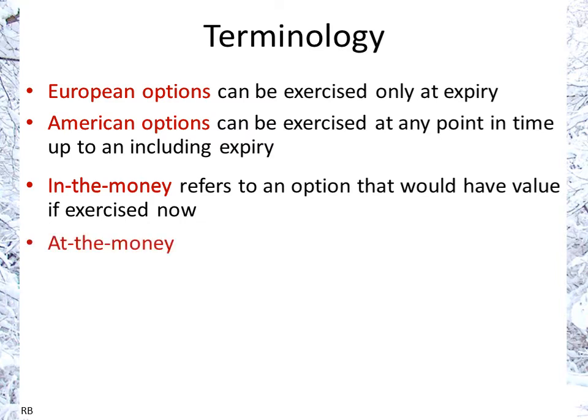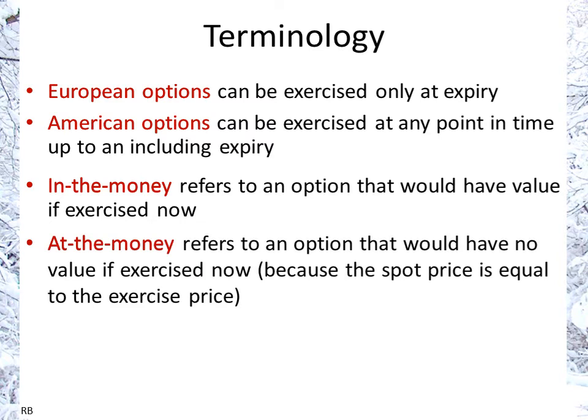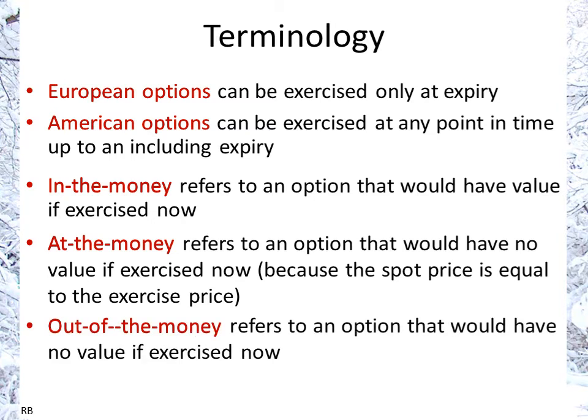At the money refers to an option that would have no value if exercised now, because the spot price equals the exercise price. And out of the money also refers to an option that has no value if exercised now. However, there it's because the spot price and the exercise price are not the same.